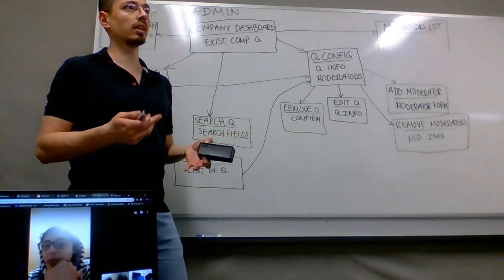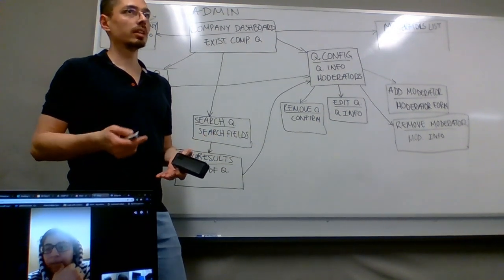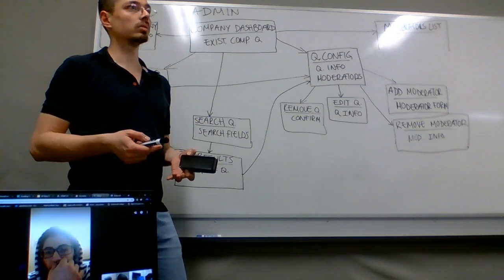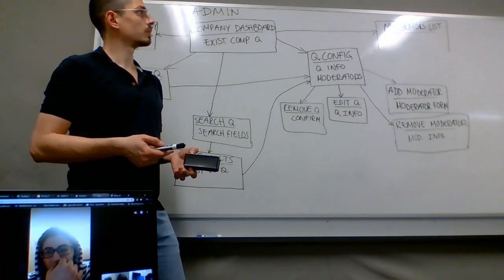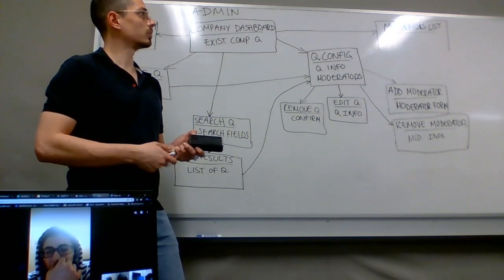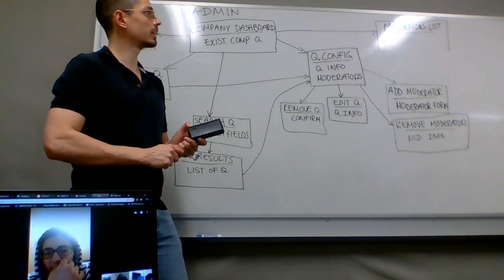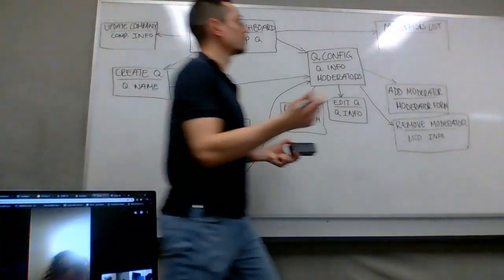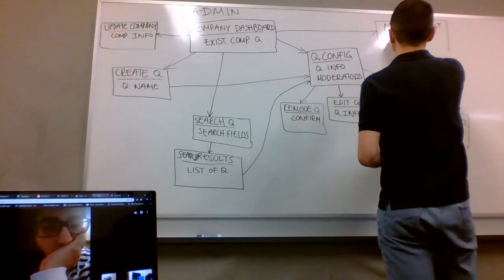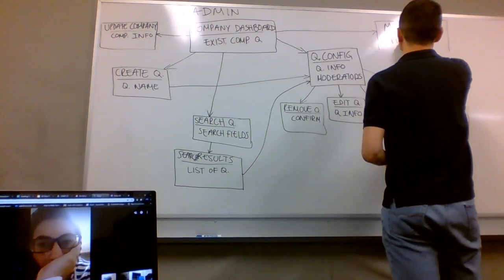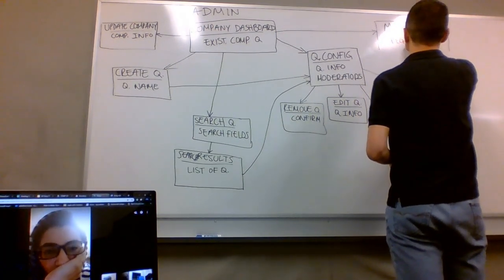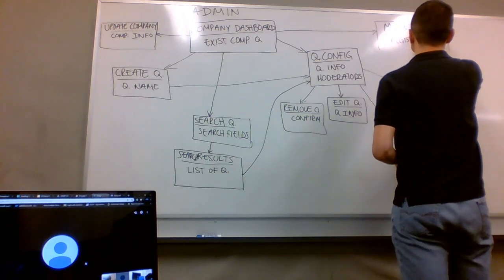So yes, I think they will be using the same people. Okay. So from the moderators list, we just make the list of moderators active or inactive here, and then that gets displayed during queue configuration.